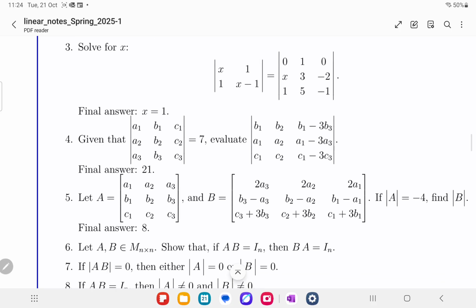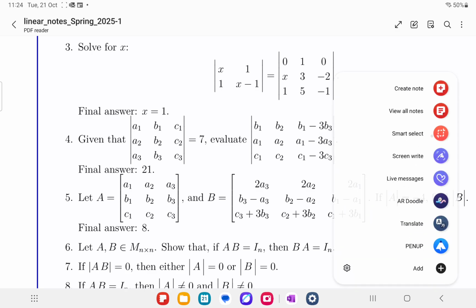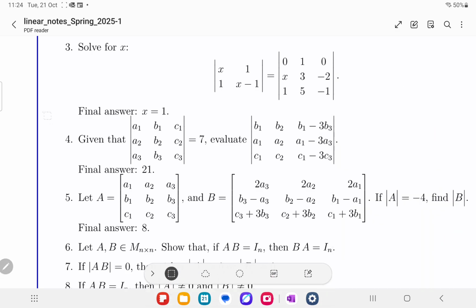Here is the second question, 4. That is similar to what we have done just now.